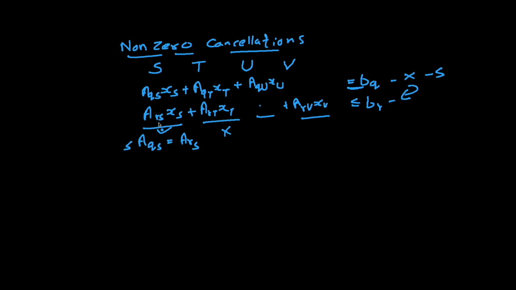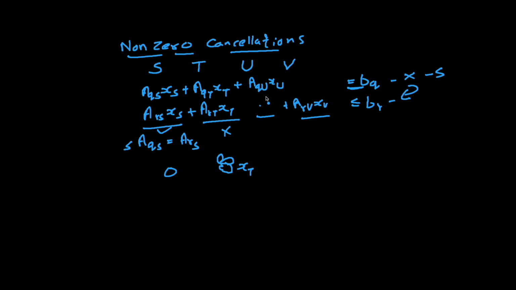So this part will cancel out. The coefficient of X_S will become 0, right? This part will have something non-zero, so let's draw this. This is non-zero times X_T.